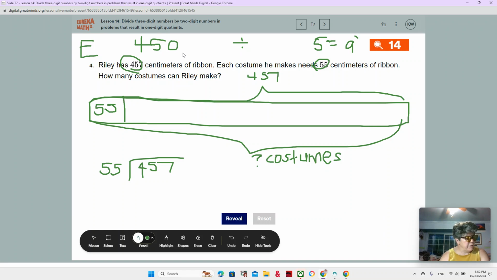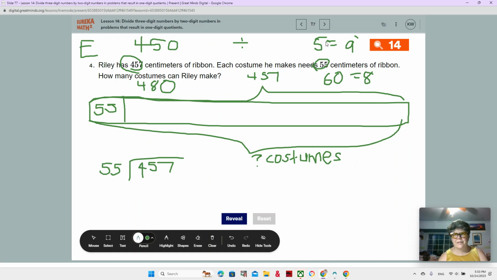Or I could think about making this into a 6, 60, right? And then I might want to think about 480 because 6 times 8 is 48.